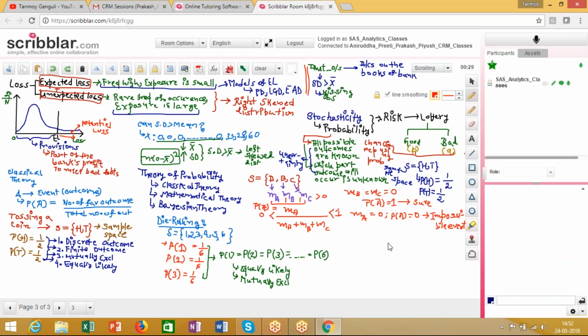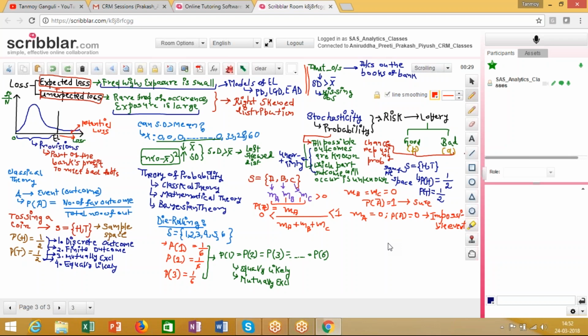So this is what the idea is. Basically, for probabilistic events, the probability lies between 0 and 1.